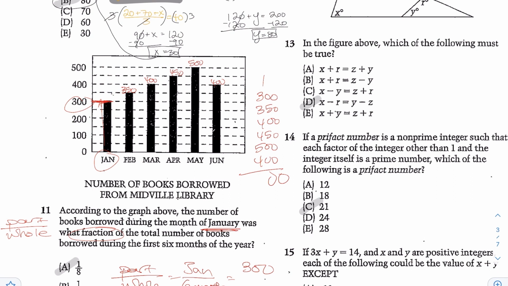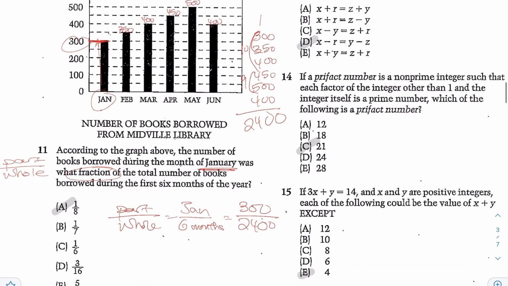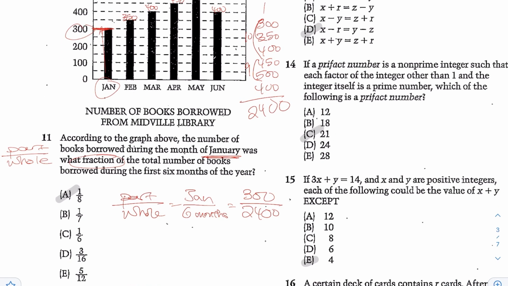So that's 6 plus 4 is 10. And then that's 9 plus the 1 is another 10. So that's 24. That's going to be 2400. So your final fraction is 300 over 2400. Cross out the zeros, and 3 over 24 simplifies to 1/8. That is choice A.